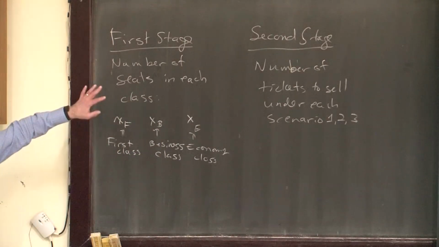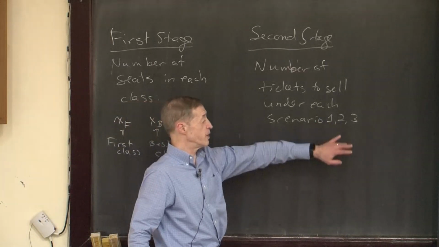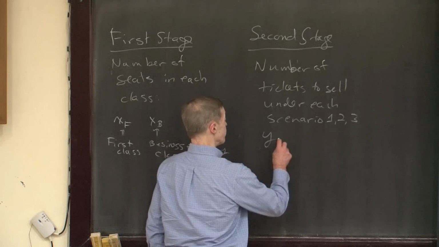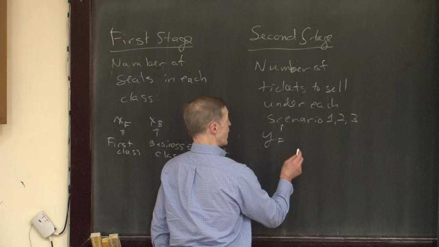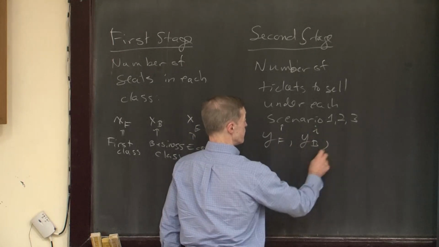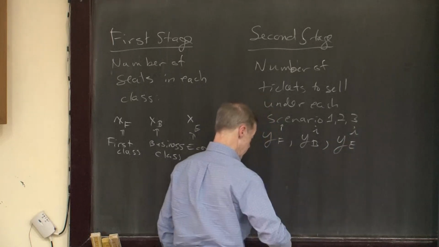So the second stage is the number of tickets to sell under each of the scenarios. Let's call it Y first class under scenario i, where i is 1, 2, or 3. Business, i, and economy, i.